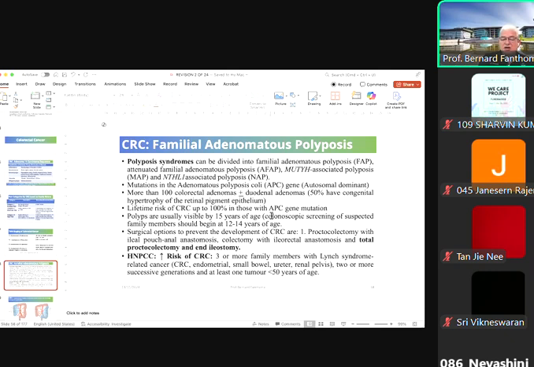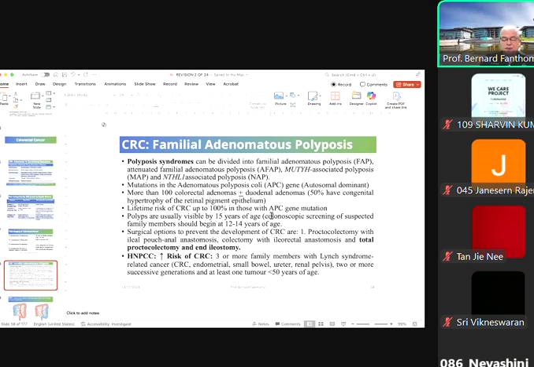So it's either an ileorectal anastomosis, or even when we say ileoanal anastomosis, a small amount of rectum is left behind just for continence purposes. That bit always remains under surveillance. So yearly scopy is done to check if any polyps are appearing there.